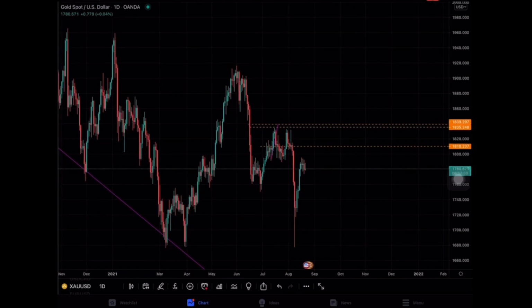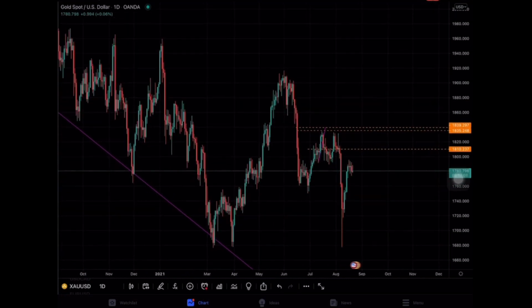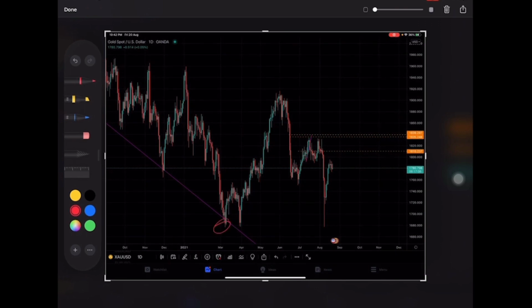As you can see, there's also a gold double bottom at a support. The price goes back up and then it rejects this level. The price comes back to enter at this support zone for a double bottom.